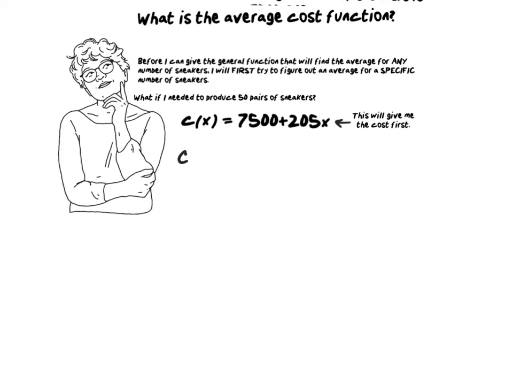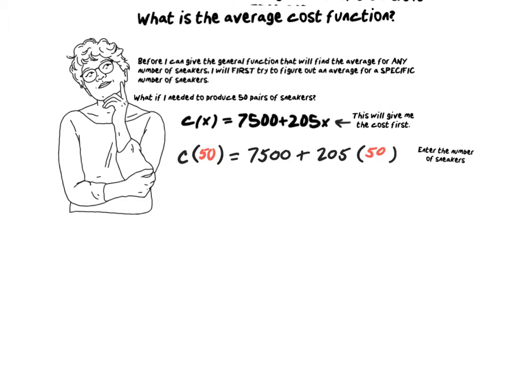So now it's time to evaluate for a specific number of sneakers. In this case, we will be calculating the cost for 50 pairs. So I must first enter 50 into my cost function.